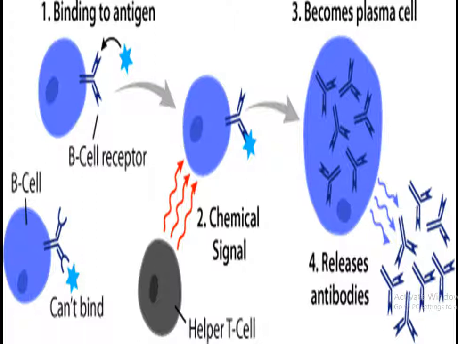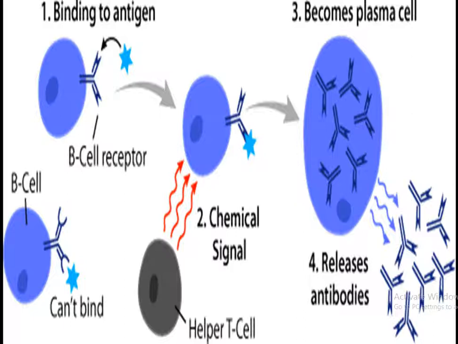Previously we studied the T cells that are activated whenever they come in contact with the antigen, and that is called cell mediated immunity. But in this figure, I am going to describe the help of the specific T cell to the B cells.